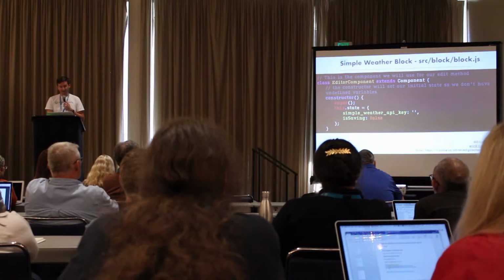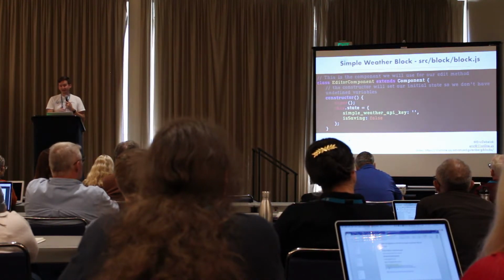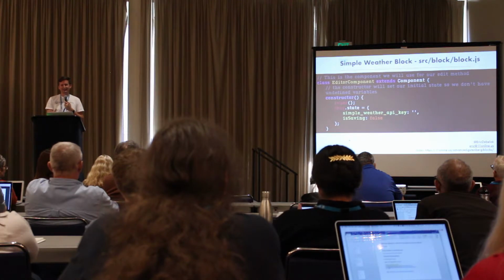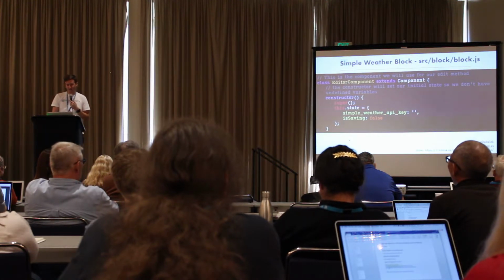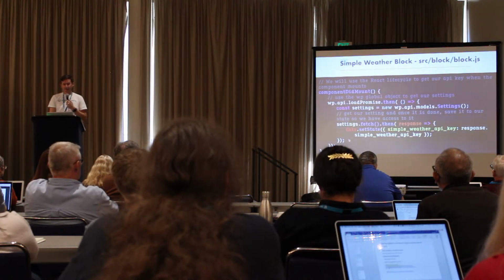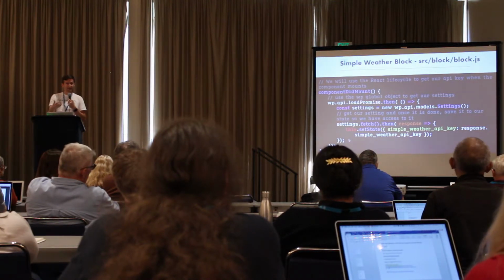For the editor component, if you're familiar with building React, this should look really familiar. If you're not familiar with building React, you'll have to learn a little bit to get used to how this works. But we have a constructor that sets our initial state, and then we use our lifecycle. So, did the component mount? If it did, it's going to fire this.